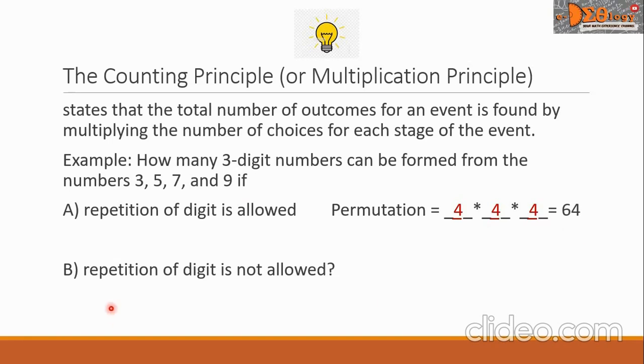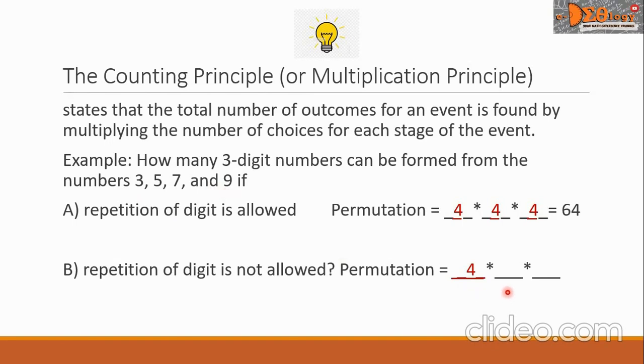Now for letter B. This time, repetition of digit is not allowed. So again, we have 3 blanks here that represent each stage, and we're going to put the choices for each stage. For the first blank, there will be 4 choices, because there are 4 digits here. Now, suppose one number is already chosen here.